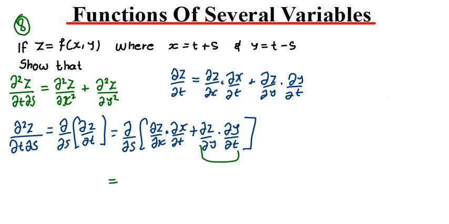So the way this is going to be is that if you had to use the product rule on this part, this is going to be the second partial of z with respect to x, multiplied by, I still have this part, partial of x with respect to s, with respect to x.